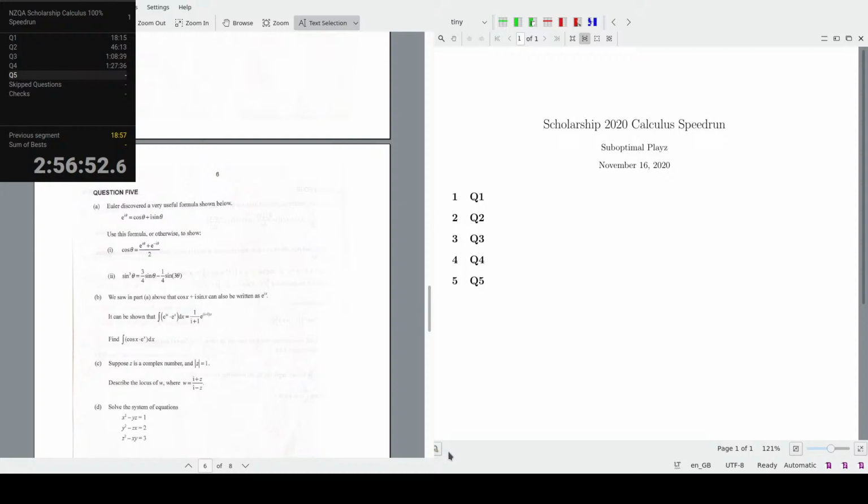Two z squared plus 3xz plus 3x squared equals 1.